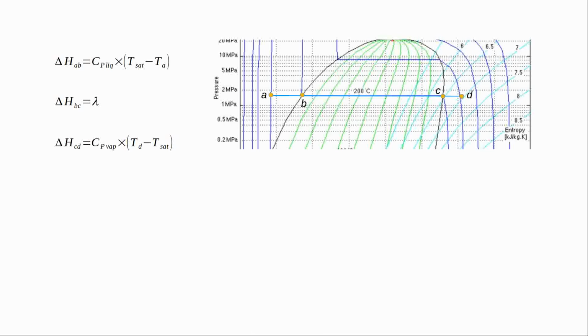Now, from point C to point D, when we heat up the vapors, the enthalpy required is the specific heat of the vapor, that is Cp vapor, multiplied by the temperature at D minus the saturation temperature of the fluid.